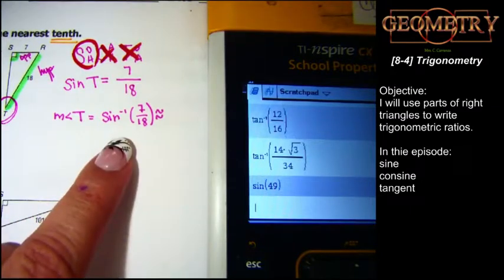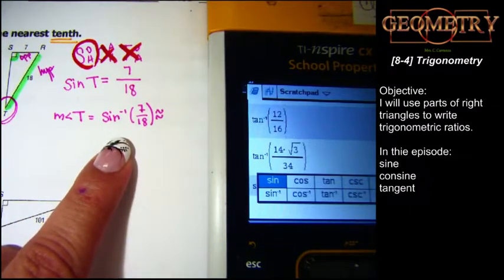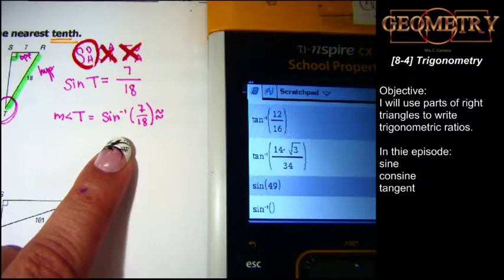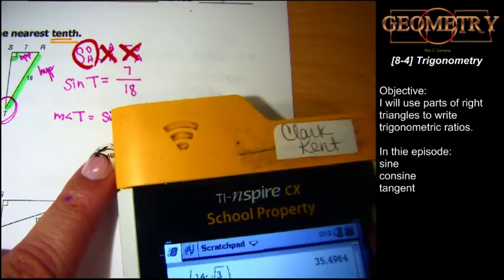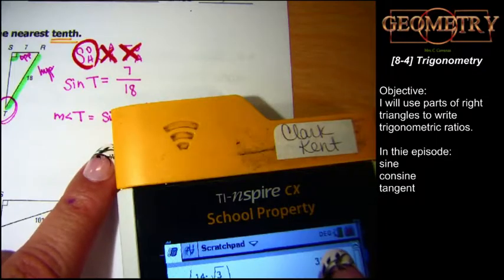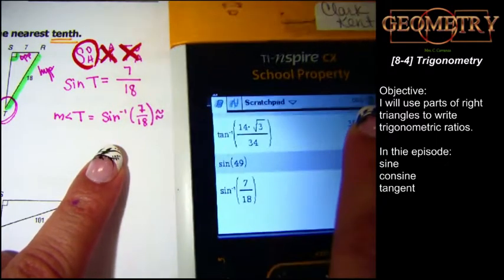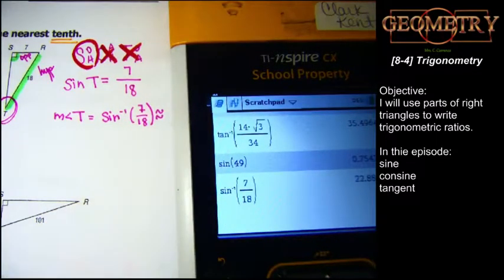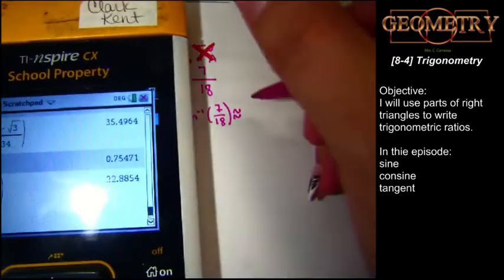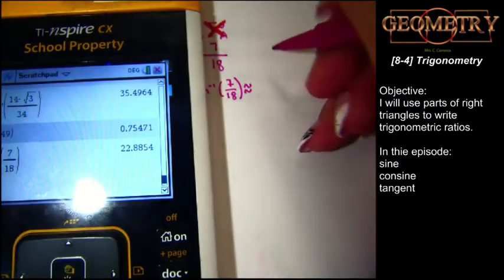So I'm going to type this in, hit the trig button, go to arc sine, 7 divided by 18. Double check to make sure I'm in degree mode, because if I'm not, that's the correct measure of the angle, just in the wrong system, and that would be weird. All right, so 22.9.